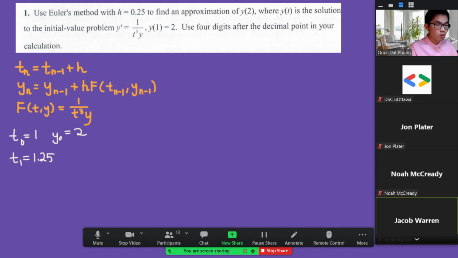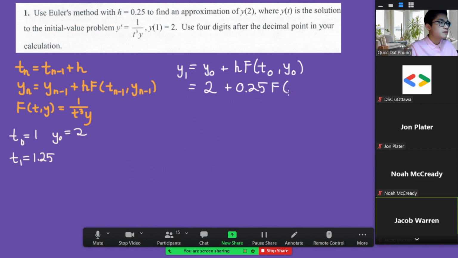How about y1? Well, from the formula, y1 is equal to y0 plus h times f(t0, y0), and y0, as we found, is 2, plus 0.25 times f(t0, y0).